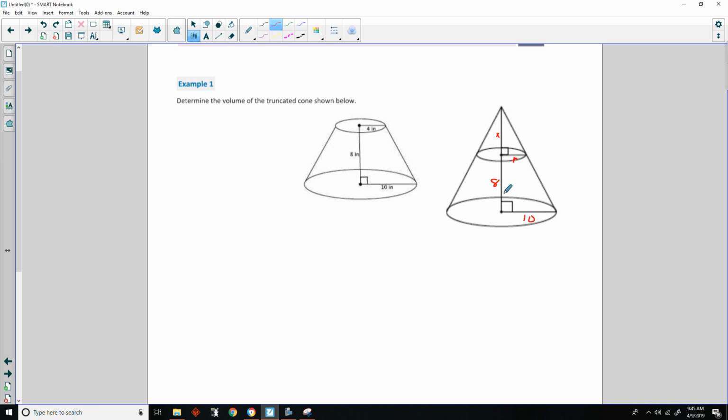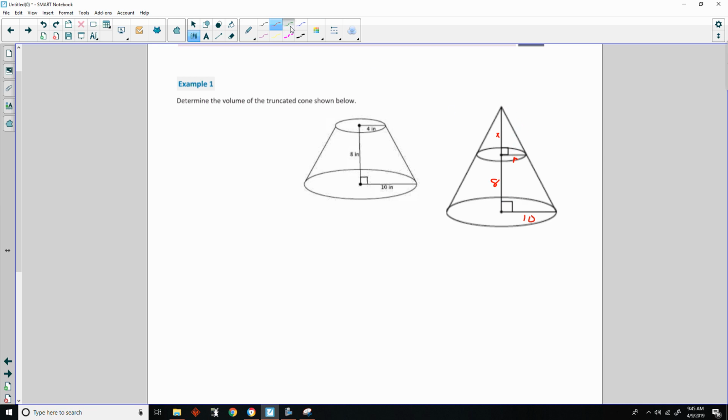We have a right triangle for the entire cone and a right triangle for the smaller cone. The slope is the same in both triangles. So this side is proportional to this side, this angle is equal to this angle, and they share this angle, so they are similar.